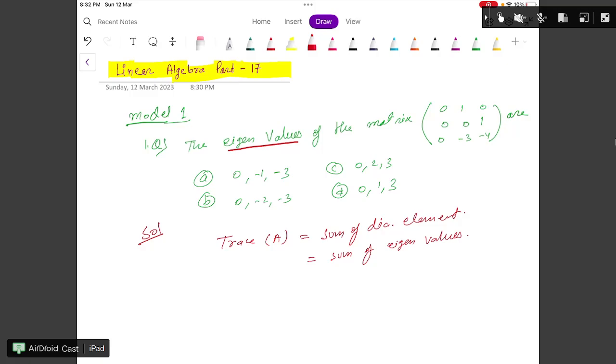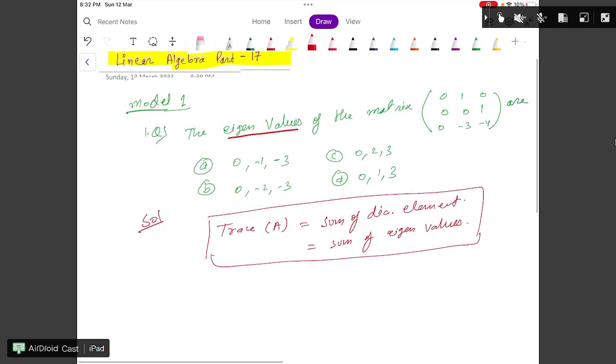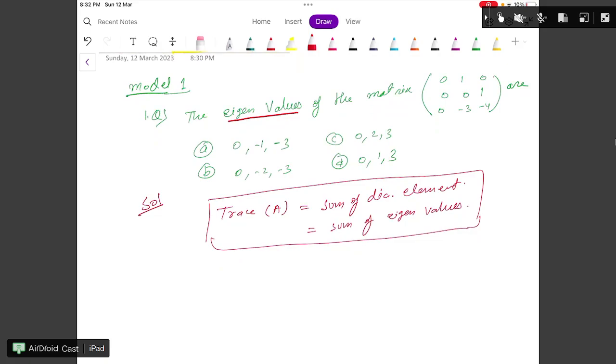We know this property. So write down the sum of the diagonal elements. These are the diagonal elements: 0 plus 0 plus minus 4, which is equal to minus 4. This is the sum of the diagonal elements.